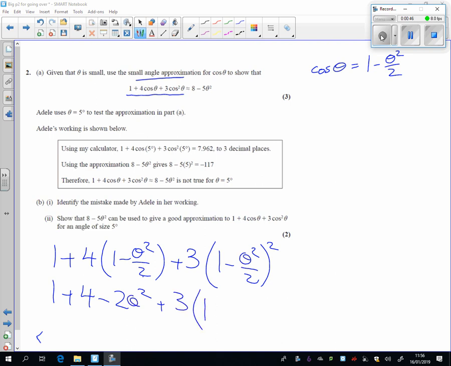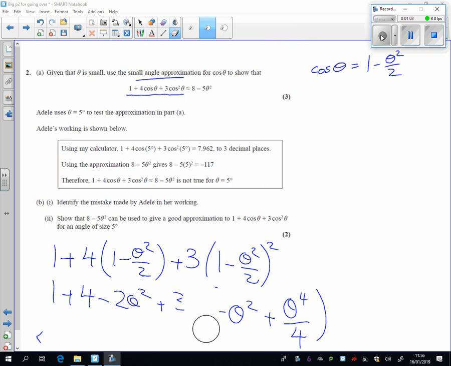So I've got 1, squaring this bracket here then gives me minus theta squared, and then at the end here I've got plus theta to the 4 divided by 4, just those bits squared. Timesing all of that by 3, to save writing it all out again, I'm going to put a 3 here, a 3 there, and a 3 there.